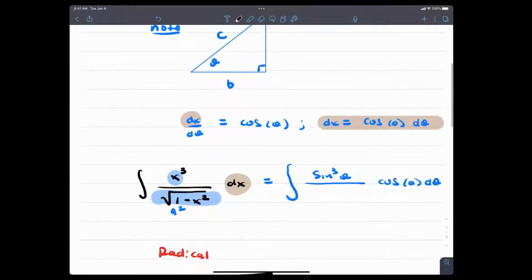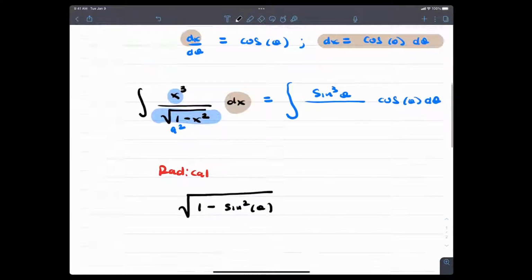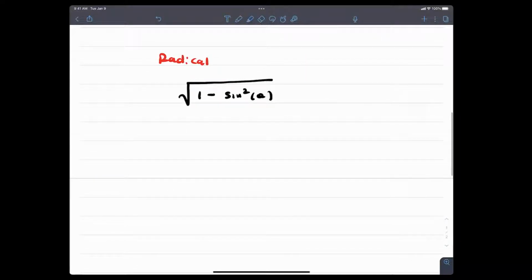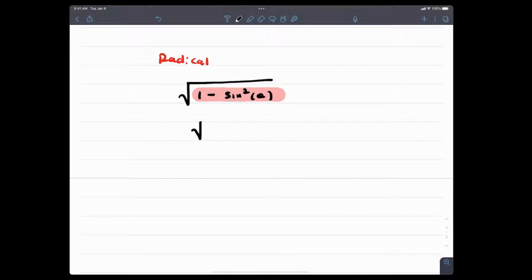Since x is sine theta, this is our substitution that we use. And then under the radical, what do you guys notice here? Do you guys happen to notice what this is? What is this? Yeah, this is going to be the square root of cosine squared theta. This is a Pythagorean identity.